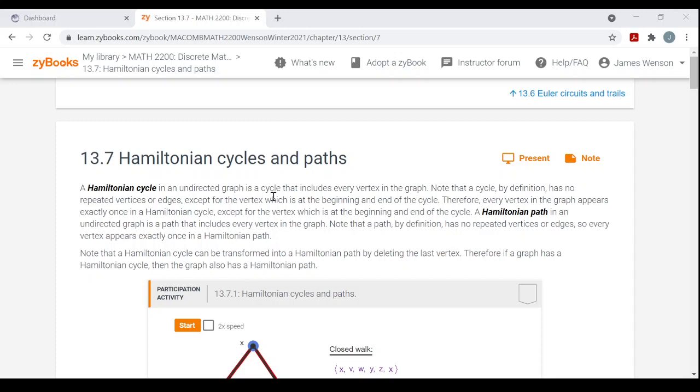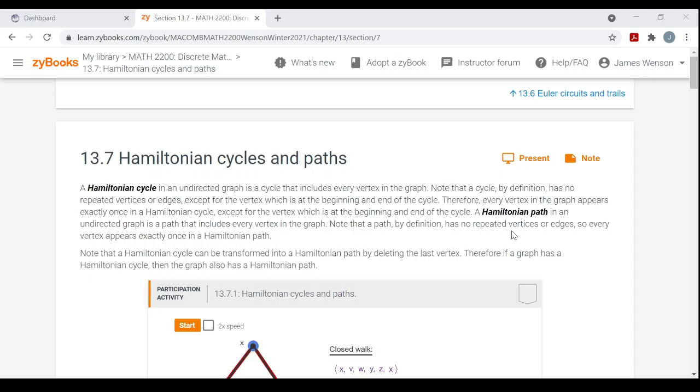But it's a special cycle: it's a cycle that includes every vertex in the graph. So every vertex in the graph appears exactly once in a Hamiltonian cycle, except for the vertex at the beginning and the end.